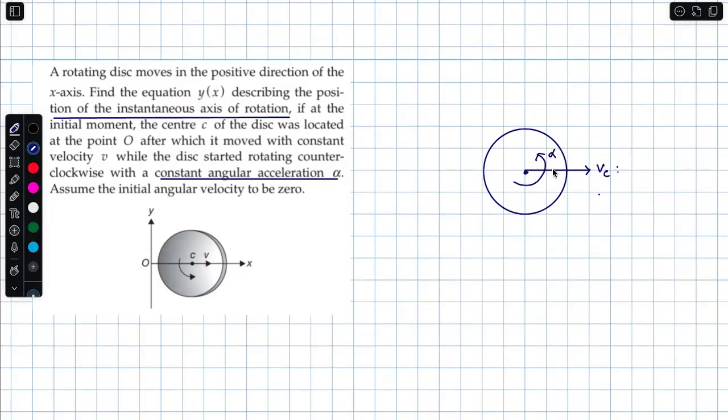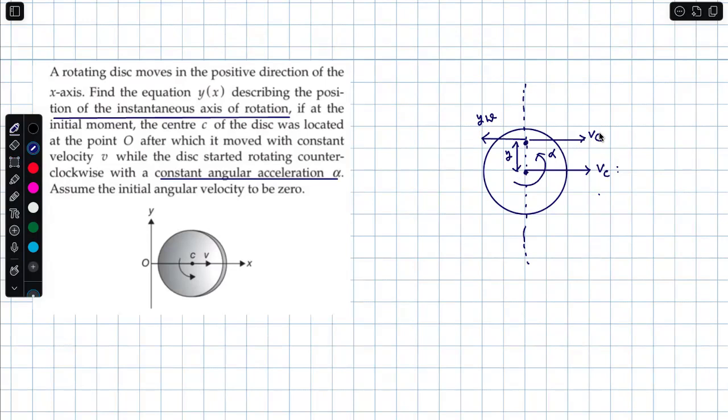On this line, say at a particular point y, at an instant, y omega and Vc are equal.